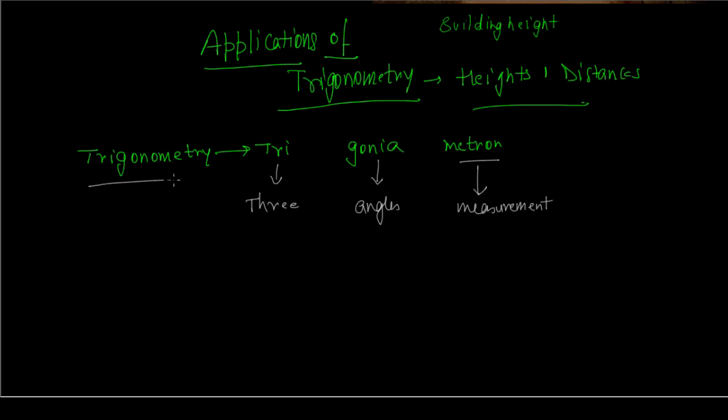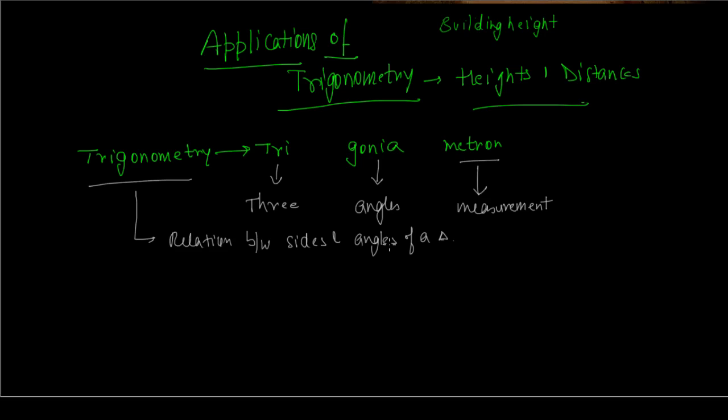So basically the word trigonometry means three angles measurement, or the measurement of a triangle. We basically use trigonometry in general terms to find the relation between sides and angles of a triangle. So that's the basic function of trigonometry. And for your class 10th understanding, we only use trigonometry for right angle triangles.